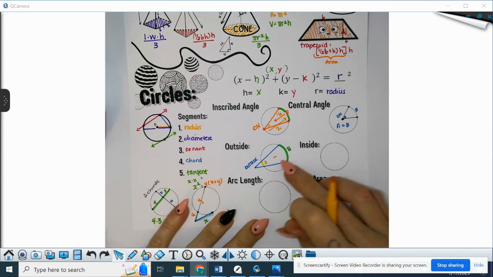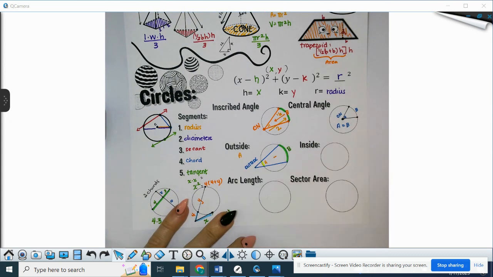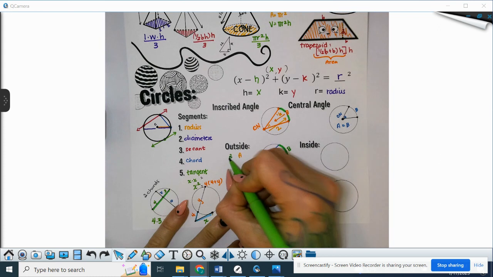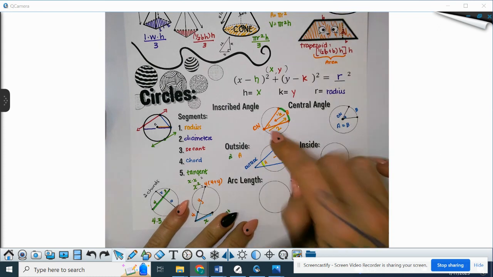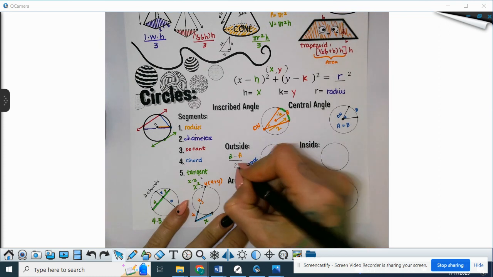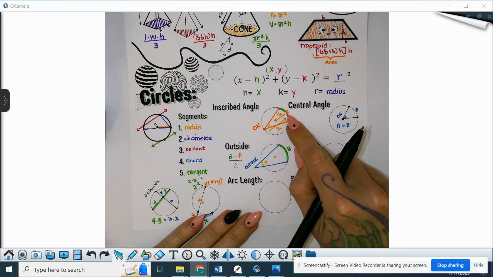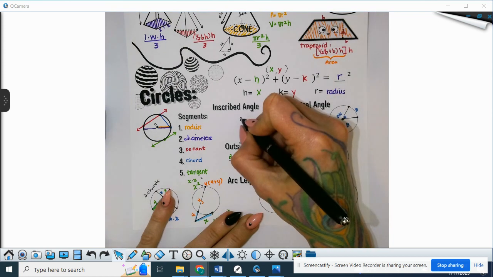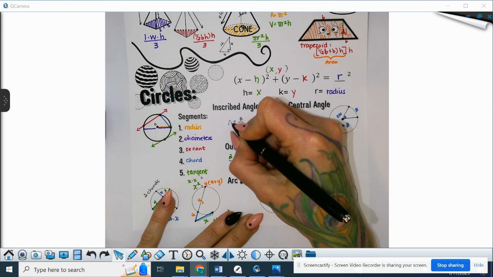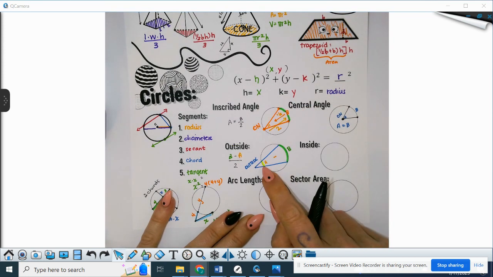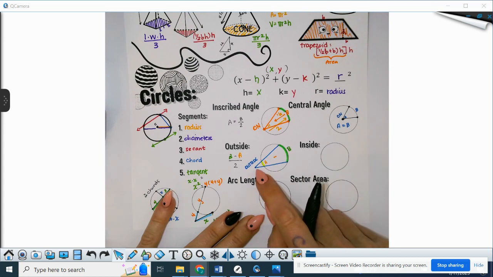So B minus A, and then divide by 2, just like you did up here, because the angle was not in the center, so we divided by 2. So it's B minus A, the difference of these two, divided by 2 to get outside.